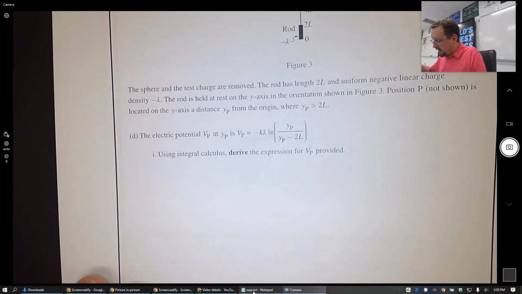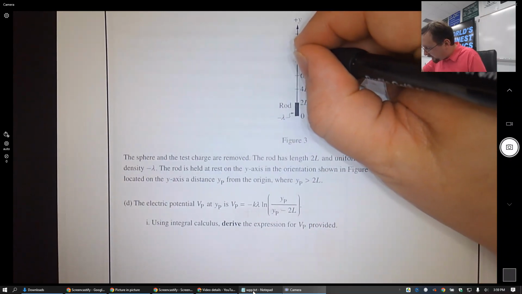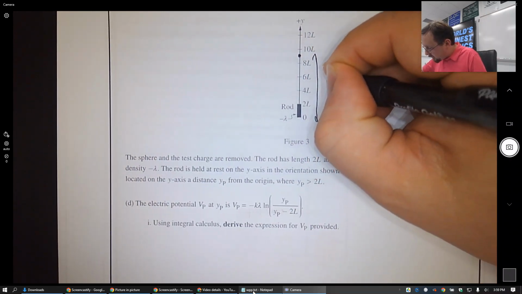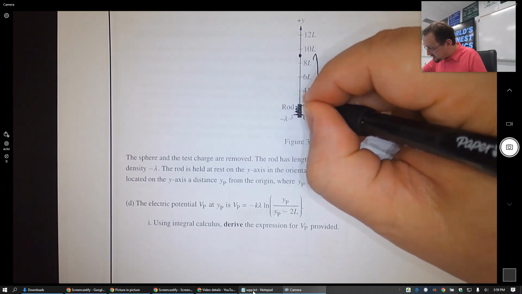Okay, the electric potential is that. Derive this. Okay, I guess I'm going to do it. So if this is YP, we're going to split this into little pieces.